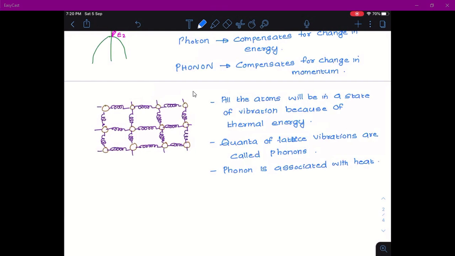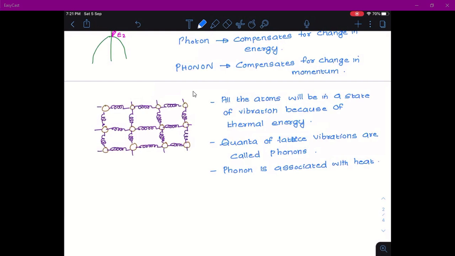So a phonon is something associated with heat, just like a photon for light, electron for charge, neutron for mass. A heat transfer is associated with a phonon, and the phonon is actually the quanta of energy associated with vibration of atoms in the lattice. So this is basically a phonon. Okay.